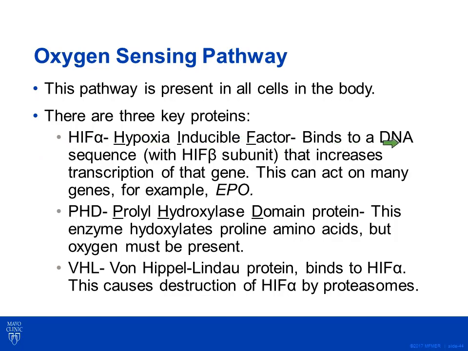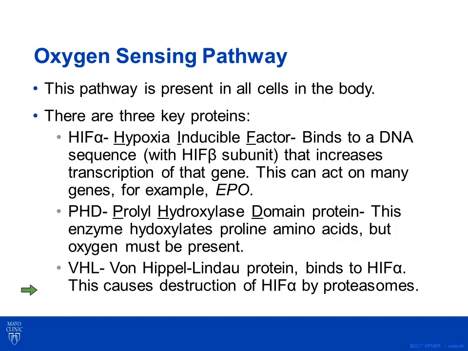This protein will bind to a DNA sequence. It has to be with its HIF-beta subunit. And what happens is that it increases transcription of whatever gene it's bound to. One of these would be, for example, the erythropoietin gene. The next protein is the PHD2, or prolyl hydroxylase domain protein. This is actually an enzyme.